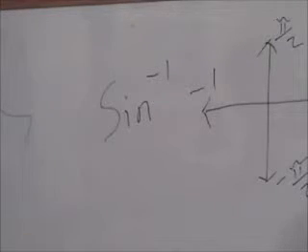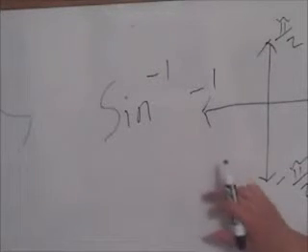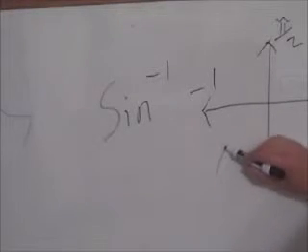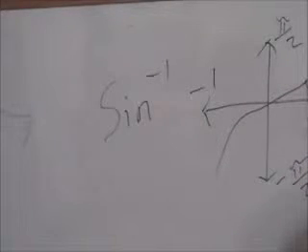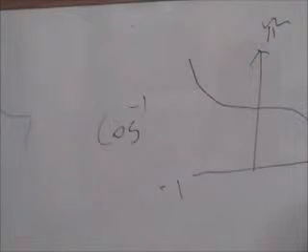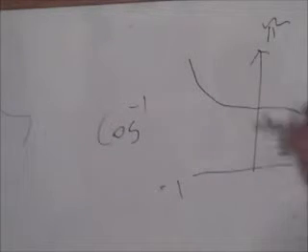And similarly with pi over 2 and negative pi over 2, except these had to be restricted in order to make arc sine an actual function that looks like this. And looks like this. And once again, the restriction on the domain is necessary in order to keep it to be a function.